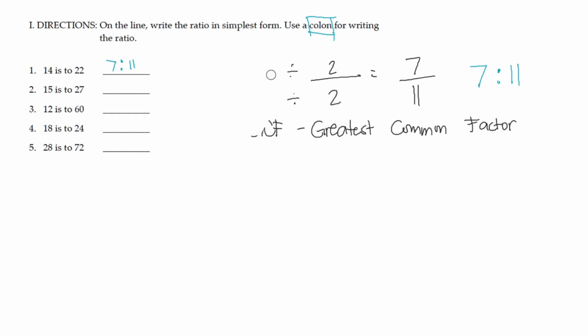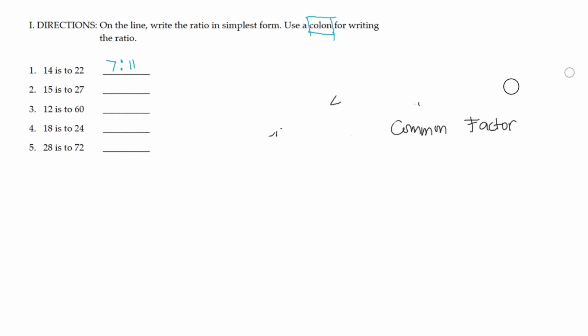So, in 15 is to 27, we are going to find as well their GCF. So, sa tingin nyo, ano ba yung GCF ng 15 and 27? So, ano kaya yung pinakamalaking number na pwede natin silang i-divide pareho? So, in 15 over 27, pwede nating gamitin yung 3.